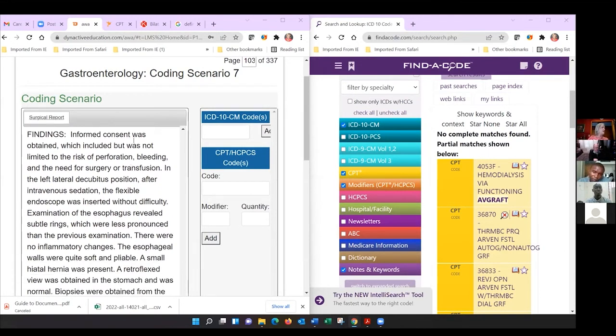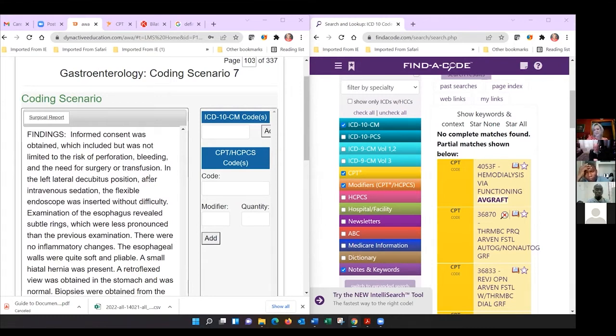All right. So we've got an informed consent was obtained. And an informed consent discusses that it's limited to risk of perforation, bleeding, and the need for surgery or transfusion. Okay, so that's basically what an informed consent is.